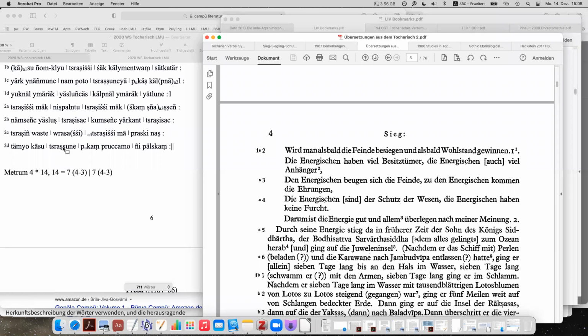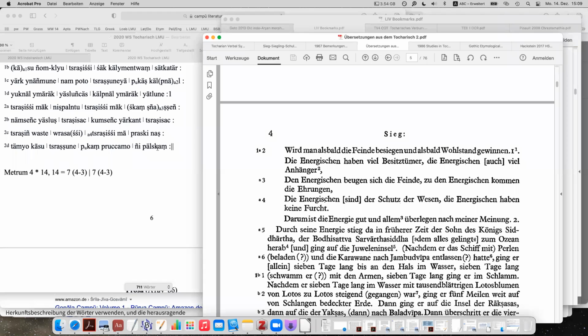So the power is good, and it brings profits. It's beneficial. Sorry, it's beneficial among everything, according to my mind, according to my opinion. So purse comes from the word persk, which actually means to think. Okay, and so on.